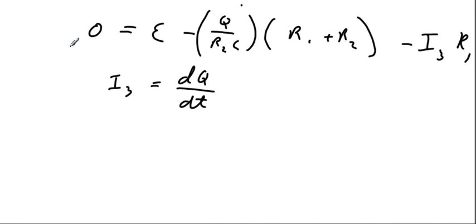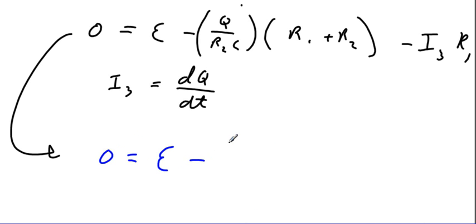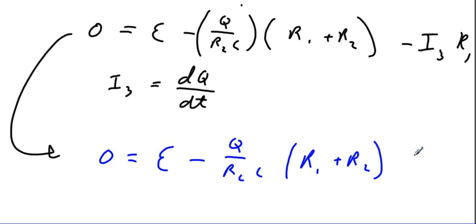So we can rewrite this equation and say 0 is equal to the electromotive force minus Q over R2C times (R1 plus R2), minus dQ/dt times R1.